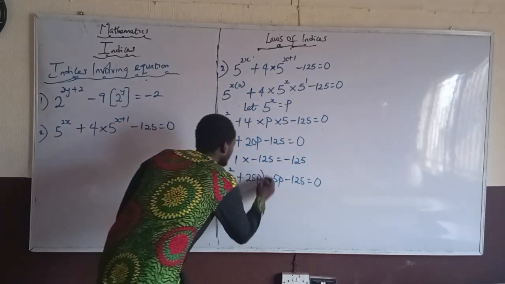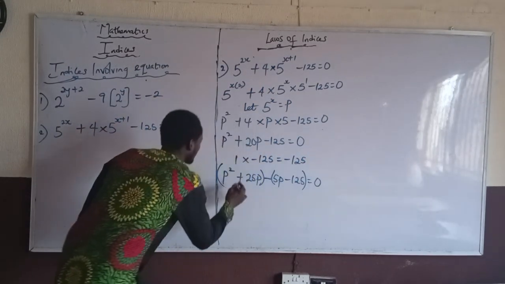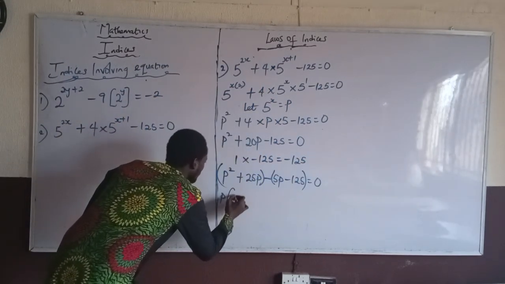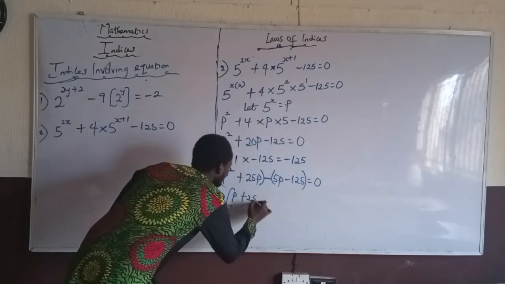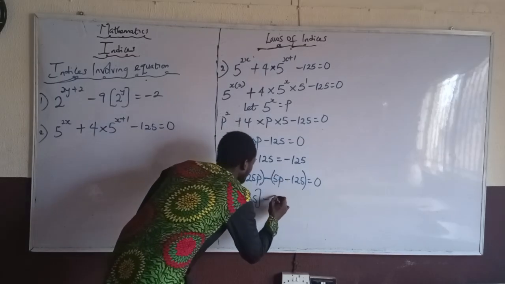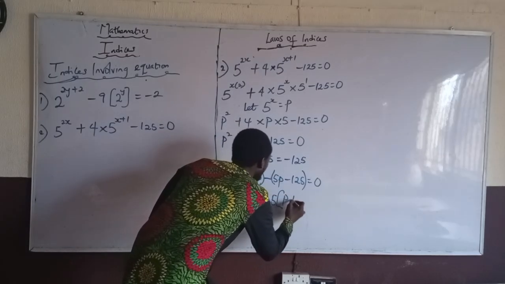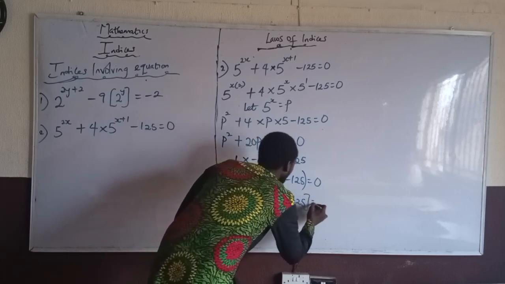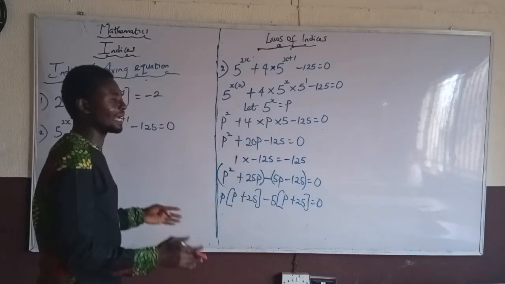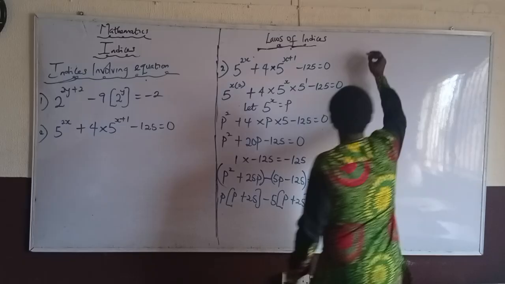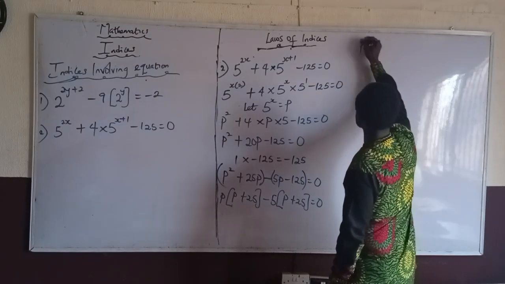So I'll put in brackets. What is common here is p. Here becomes p plus 25, minus, here 5 is common. Here is p plus 25 equals 0. So the ones hanging outside the bracket become p minus 5.